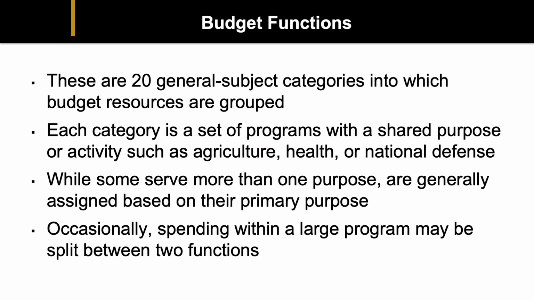Discretionary spending and mandatory spending are put into budget functions by Congress. There are 20 general subject categories into which budget resources are grouped. This is independent of the appropriations committees. Each category is a set of programs with some shared purpose or activity.